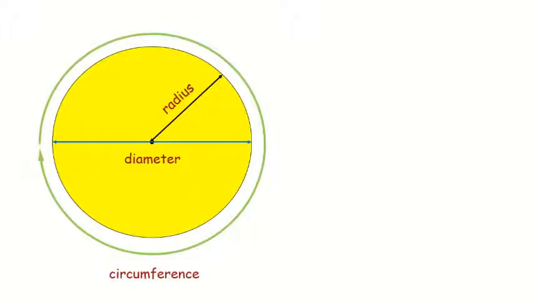A point about terminology should be made here. Strictly speaking, the word circle refers to just the actual continuous line that makes up the set of points on the circumference. But in practice, we use this word loosely to refer to both the continuous line and the area or the space enclosed within.